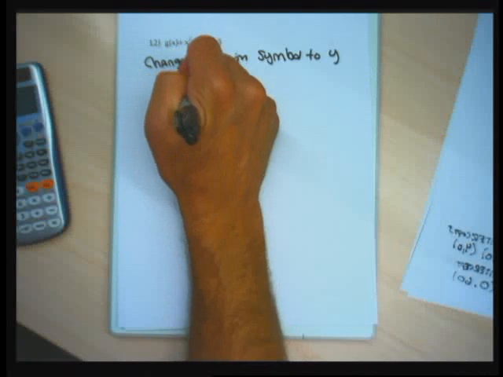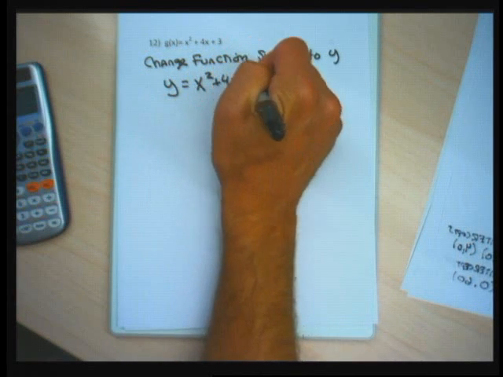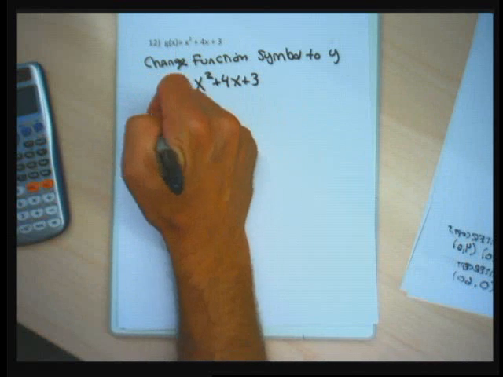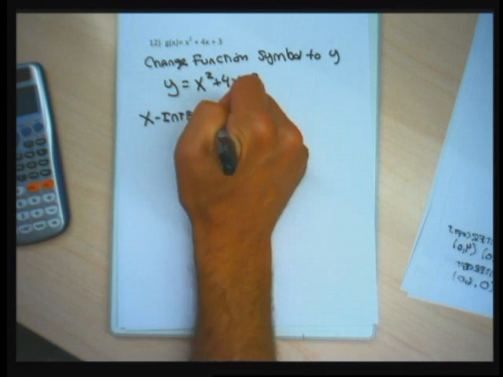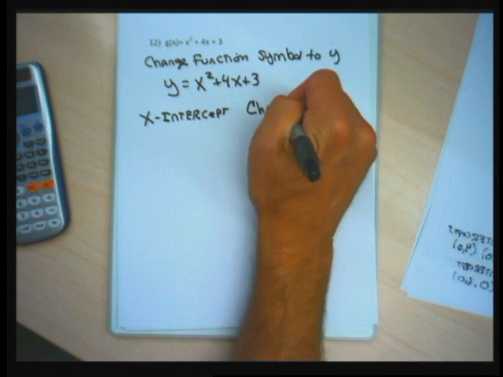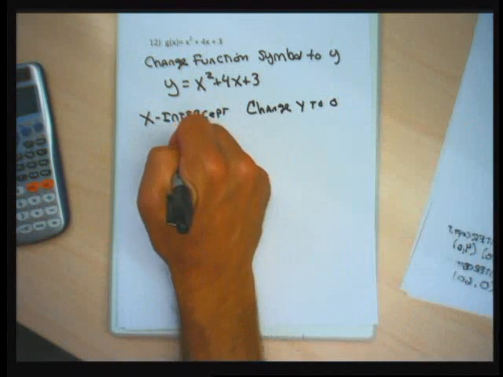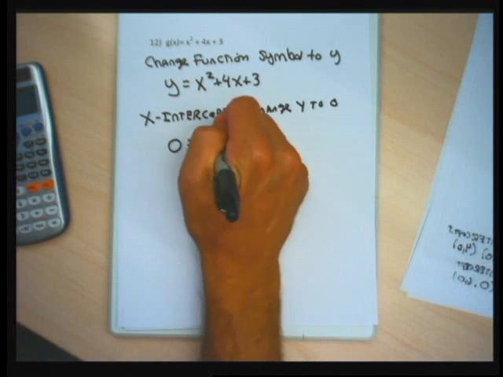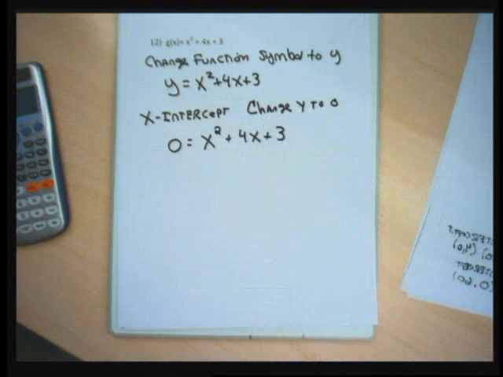So I'm going to go y equals x squared plus 4x plus 3. For the x-intercept, I'm going to change the y to 0 and solve for x. So I'm going to go 0 equals x squared plus 4x plus 3.